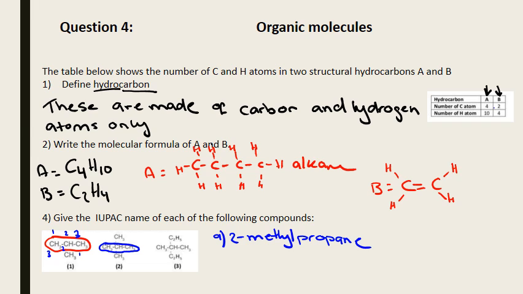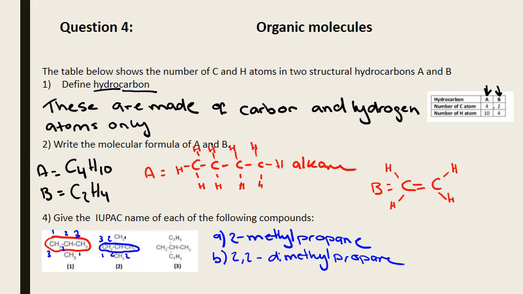You can see now, numbering from left to right and right to left, both are on carbon 2, so the 2 methyl groups are on carbon 2. So we write for B 2,2. Remember comma between numbers, 2,2-dimethyl, because we've got 2 methyl groups, 2,2-dimethylpropane.